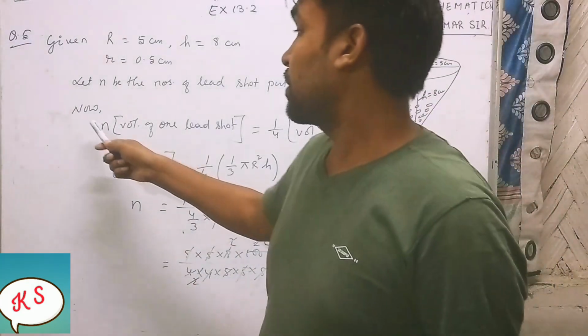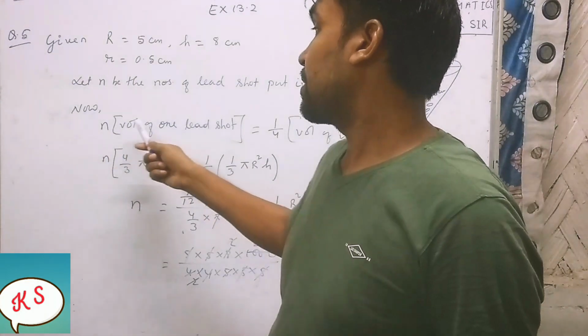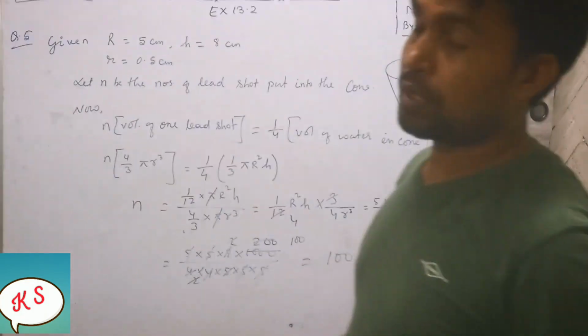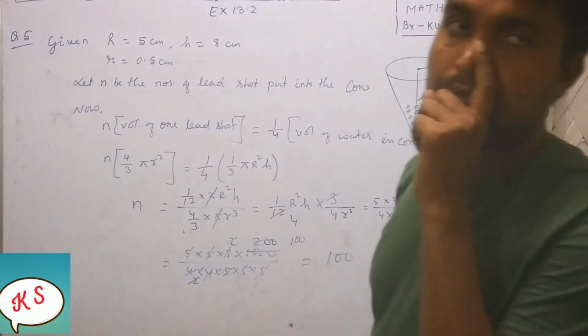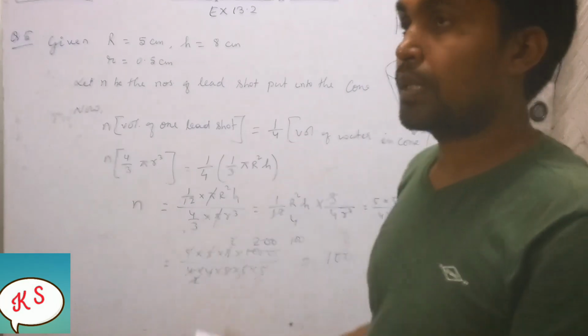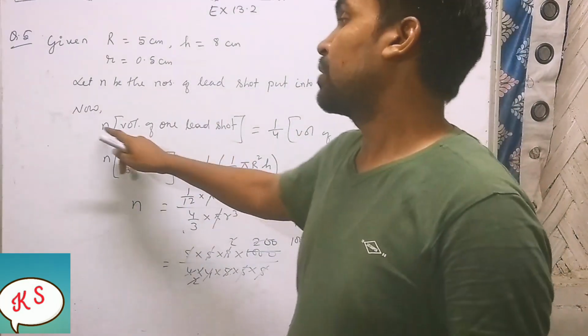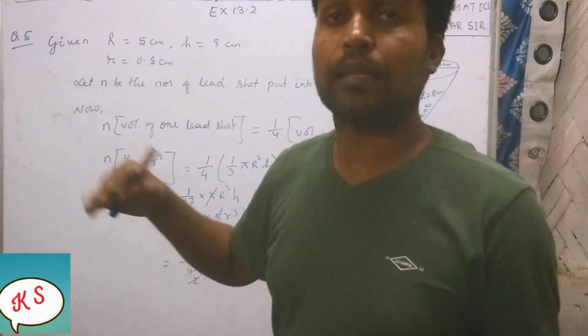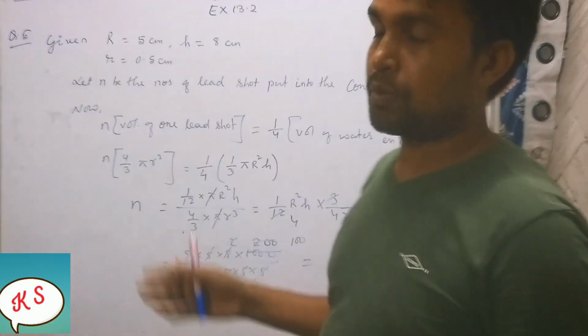Now as per the question, n times the volume of one lead shot. If you want to find the total volume of the lead shots, it will be the volume of one lead shot into n, because n is the number of lead shots.